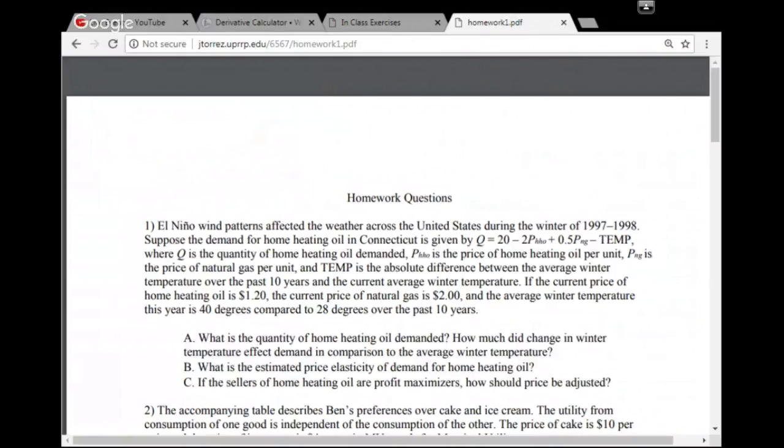Price of natural gas is $2. And finally, the difference between this year's temperature and the average temperature is 12. I'm sorry? It's minus temperature, then we would subtract the 12 here. Ooh, thank you. Minus.